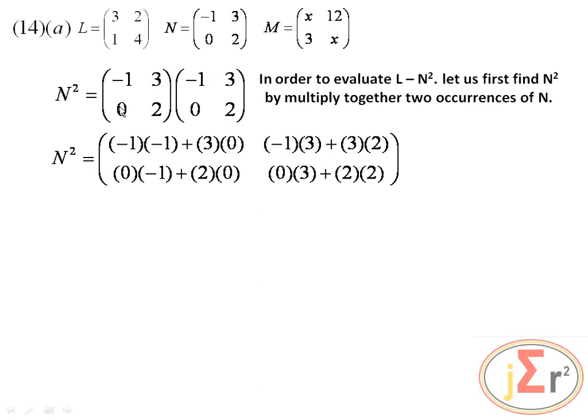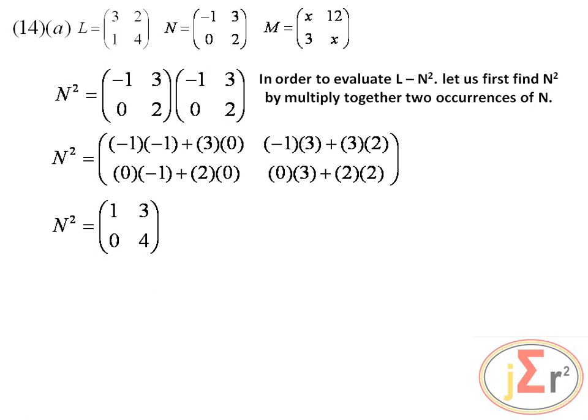We have 0, -1, 2, 0. The lower with the left, the answer goes to the lower left. The lower with the right, the answer goes to the lower right. 0, 3, 2, 2. So N squared is equal to 1, 3, 0, 4.